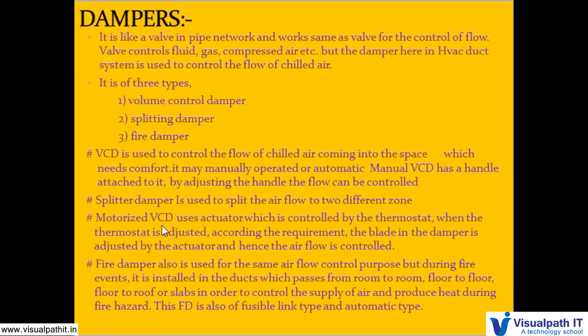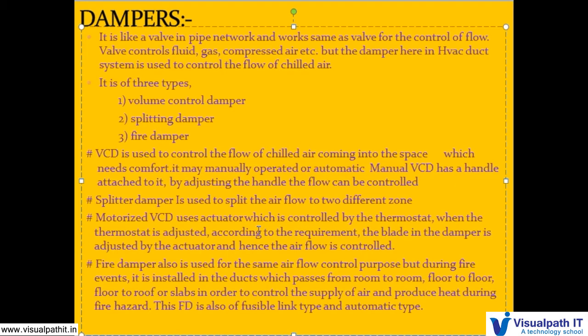And the motorized VCD comes under the automatic one. Motorized VCD uses an actuator which is controlled by the thermostat. When the thermostat is adjusted according to the requirement, the blade in the damper is adjusted by the actuator, and hence the airflow is controlled.